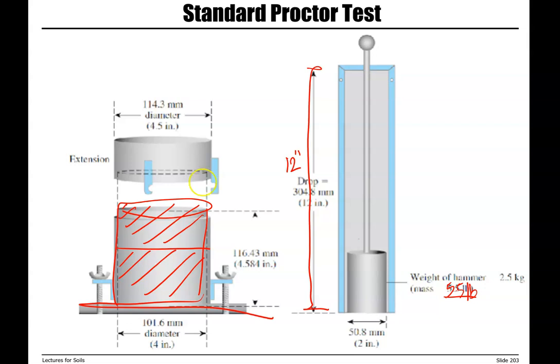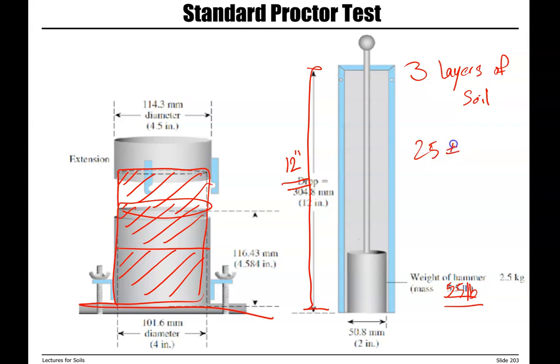Add the extension and then do the third layer of soil and 25 number of drops. So 5.5 pound from 12 inch, 3 layers of soil and 25 number of drops per layer.